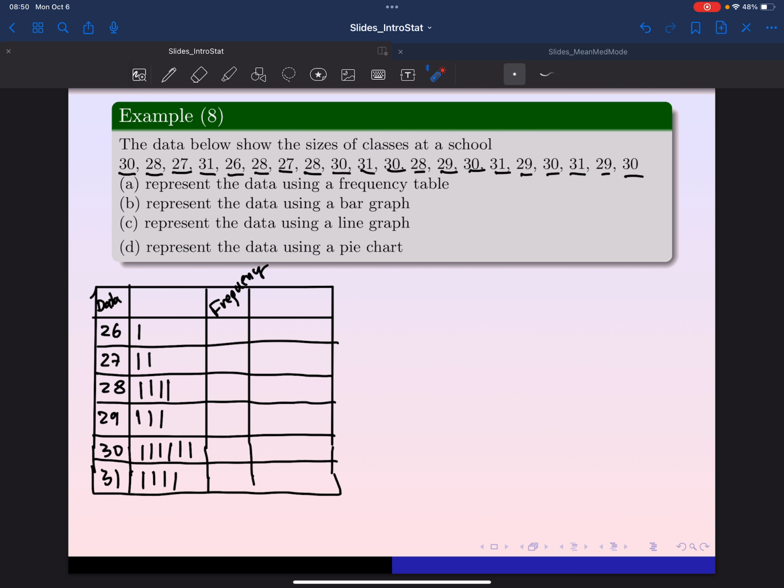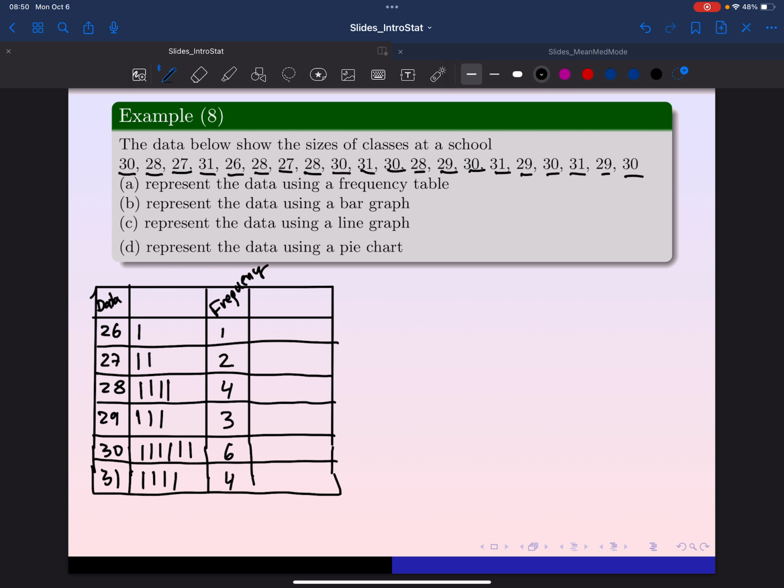And then we can count. 26 shows up once, so we have 1. Here we have 2, here we have 4, so we keep filling it: 2, 4, 3. Then we count 1, 2, 3, 4, 5, 6. And then we have 4 right here.